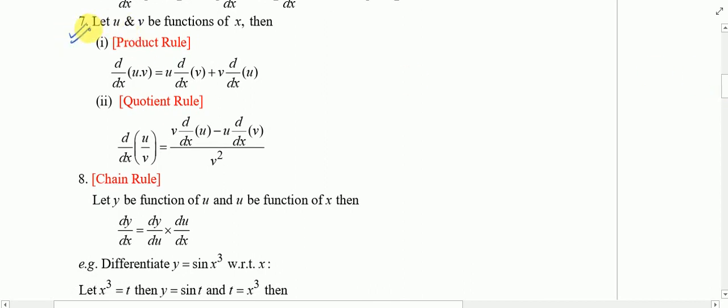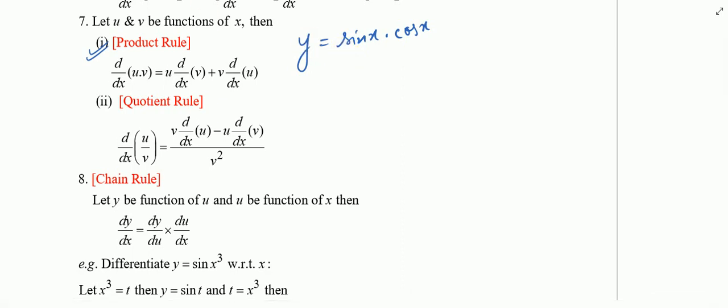Next is formula 7. In 7, suppose u and v are functions of x. We are going to discuss the product rule. Let's say your function y, f(x), is like this, sin x into cos x. So here you can see that there are two functions, this is u, this is v, and they are multiplied together.